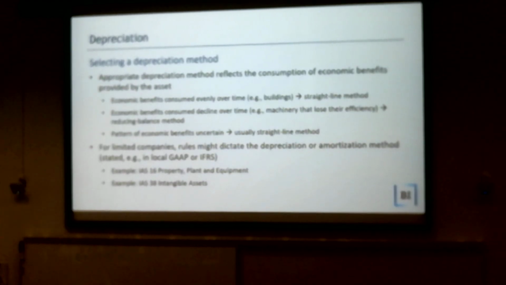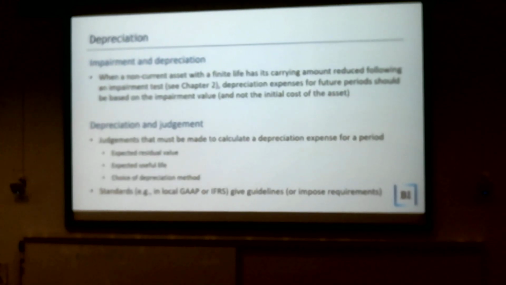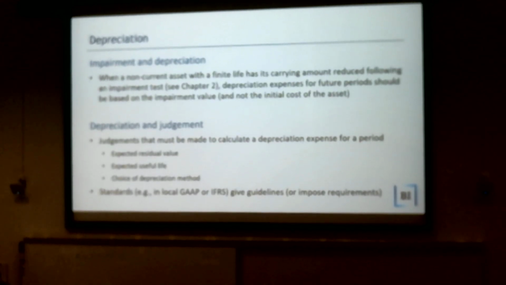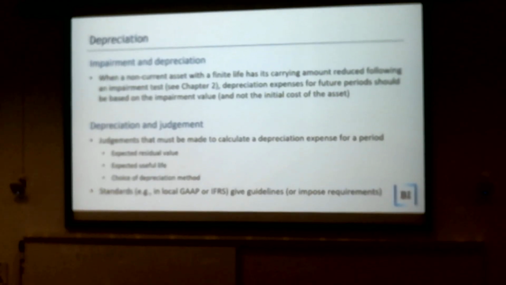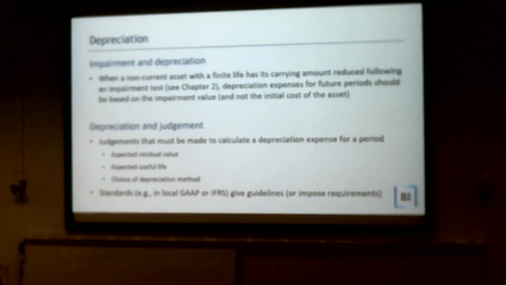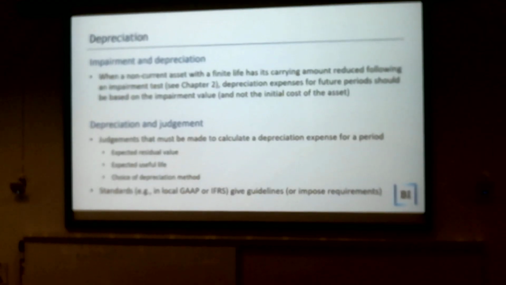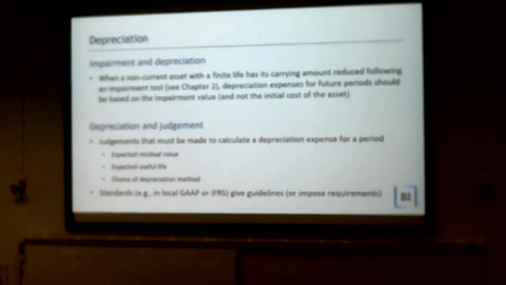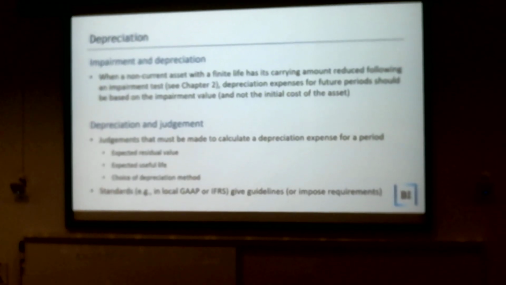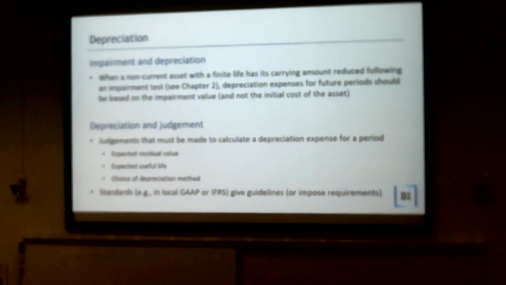Okay. Then what needs to be distinguished from depreciation is so-called impairment. When you realize that an asset loses its ability to generate wealth for the firm, you need to impair it. Then you have to deviate from this clear structure of deducting a certain amount every year, and write it off immediately if you realize this asset is not worth anything anymore.